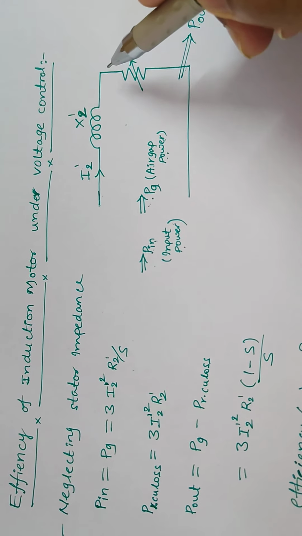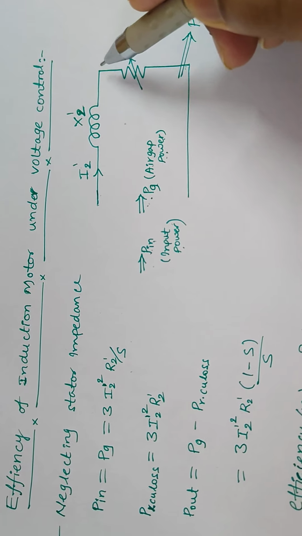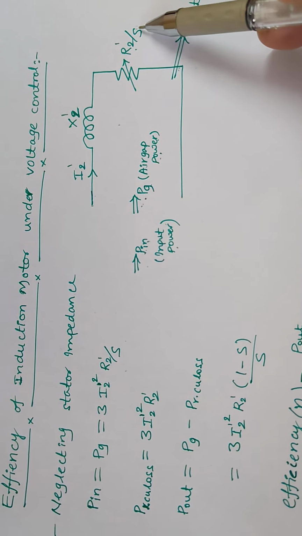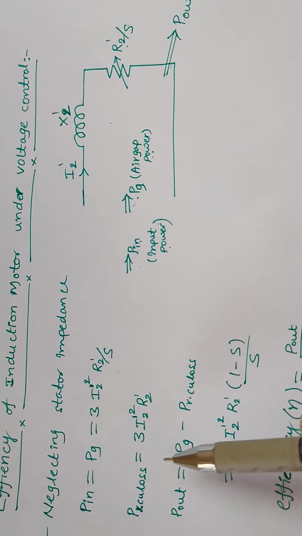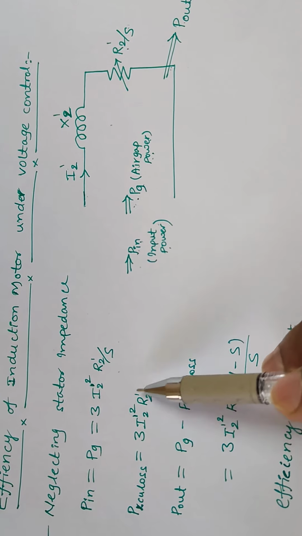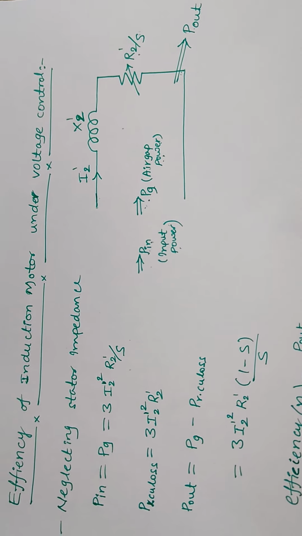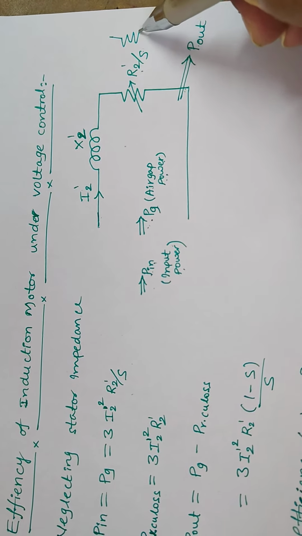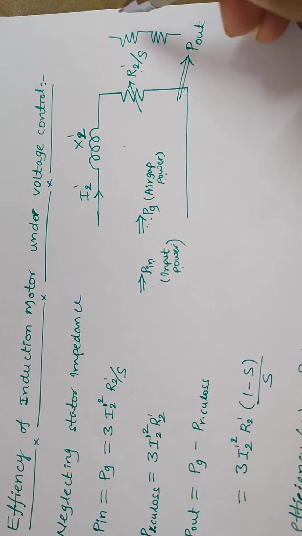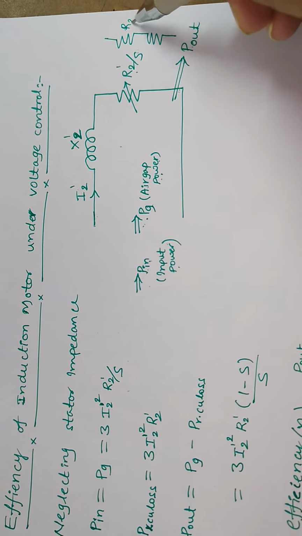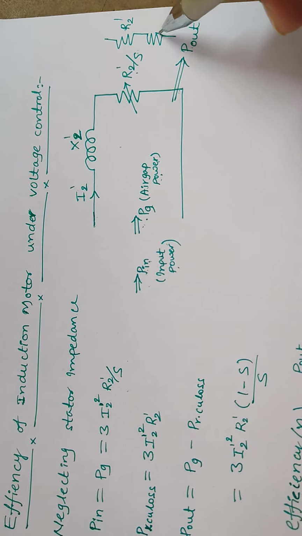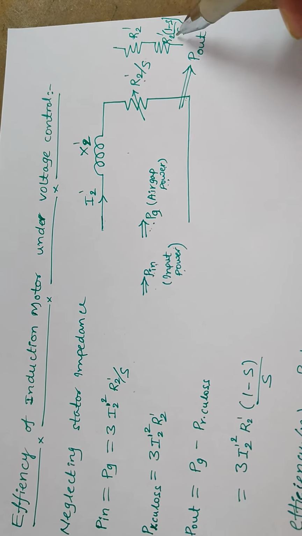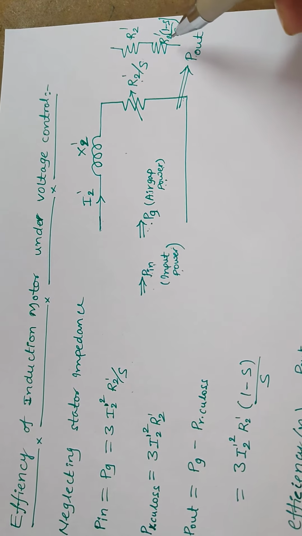Here we again have the rotor copper losses. For the rotor copper losses we need to consider only the resistance without the slip component. So 3 into I2 dash square into R2 dash is nothing but the rotor copper losses, because we can split this resistance into two components. We keep R2 dash in one place and R2 dash into 1 minus S by S, which is nothing but a fictitious resistance.